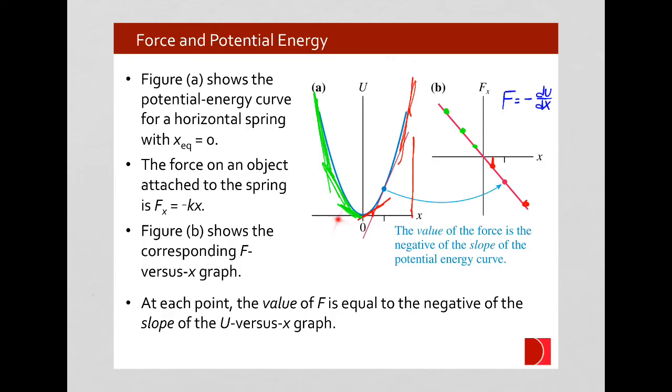So looking at the potential energy graph of a spring, we found the force, and we've recreated Hooke's law. The value of the force is equal to the negative of the slope of the tangent line of the potential energy versus position graph.